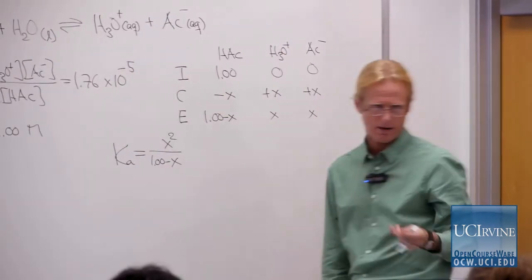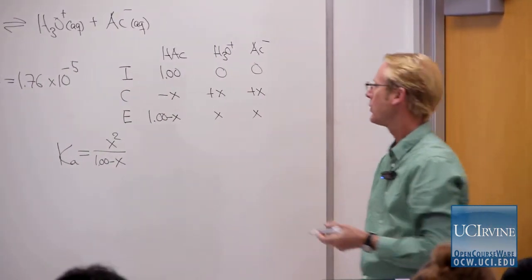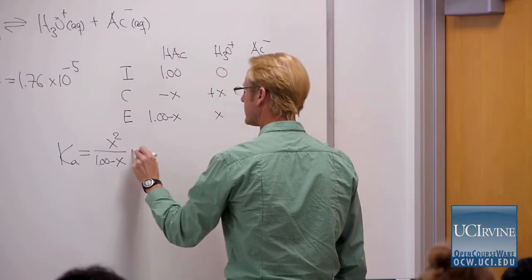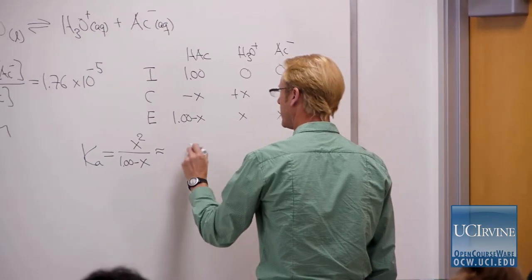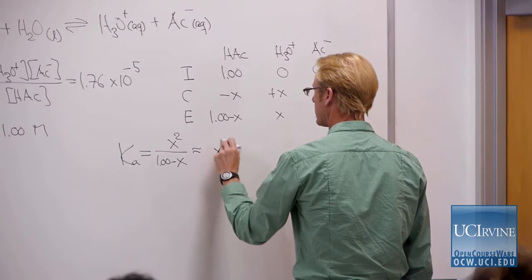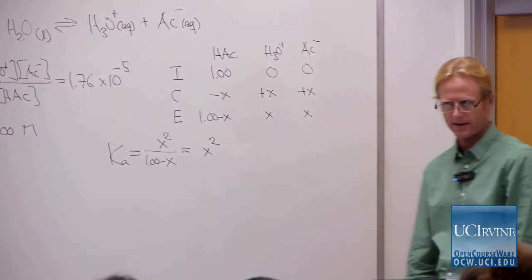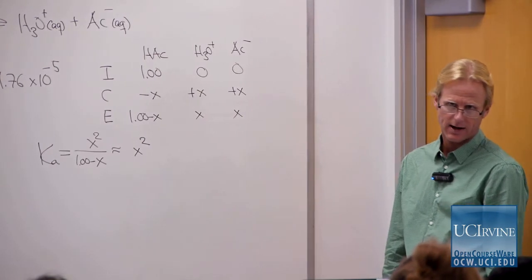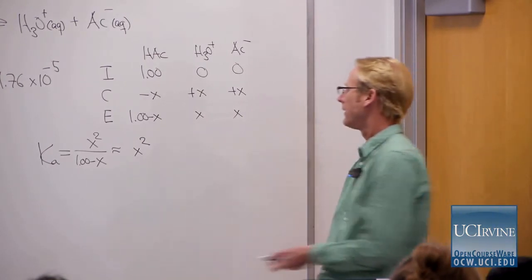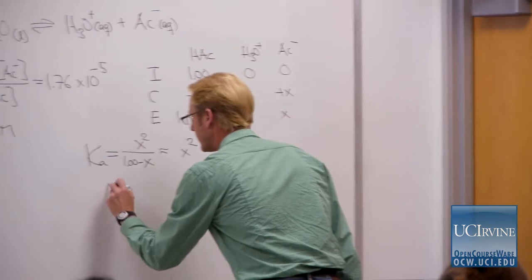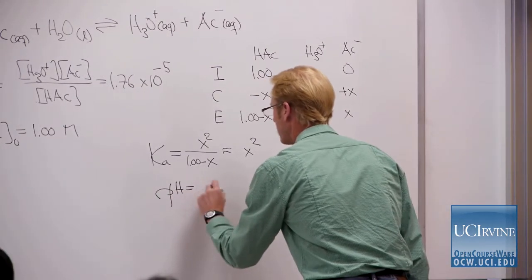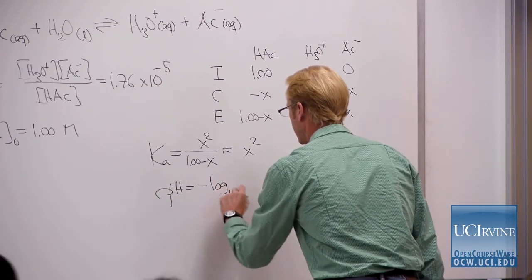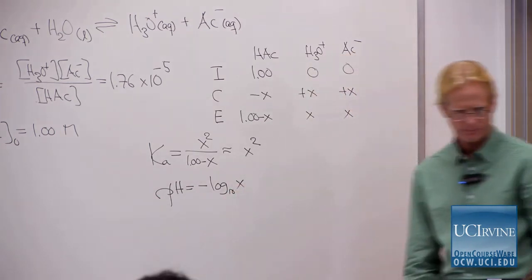We start with a big amount of acetic acid. We can assume that x is small compared to 1 molar. And so this would give us x squared. All right, so then we just take the square root of the acid dissociation constant. We get x, and then we can calculate the pH as minus log 10 x. All right?